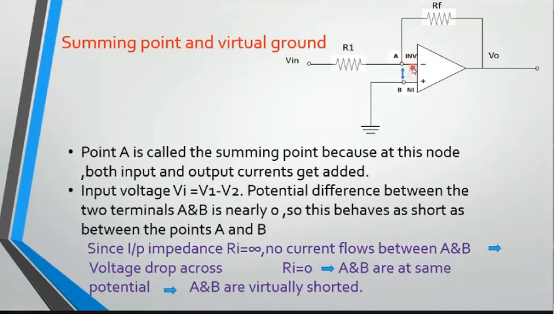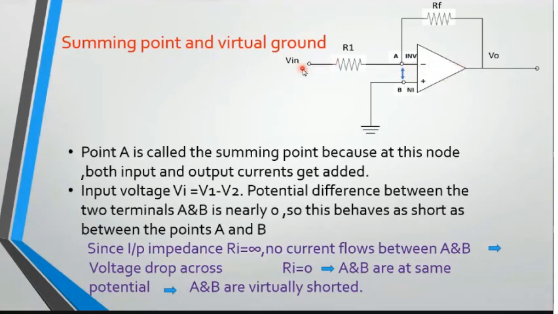And if resistance is infinite between the input terminals, then there is no way that current can pass through this operational amplifier. Is it not? So if from this voltage source a current is coming here, but between A and B you have infinite resistance, the current will not go inside the operational amplifier.